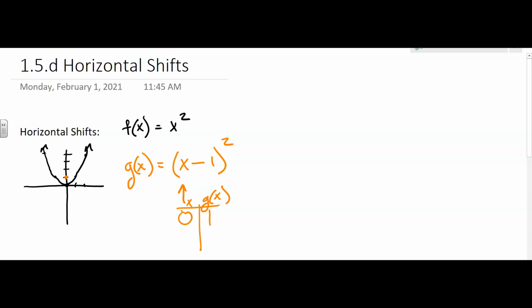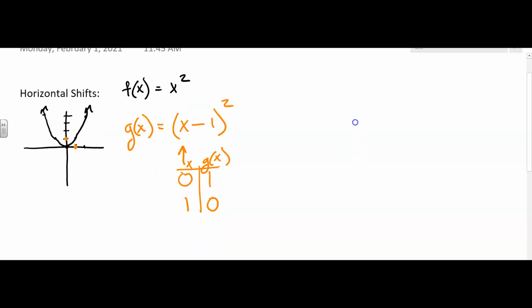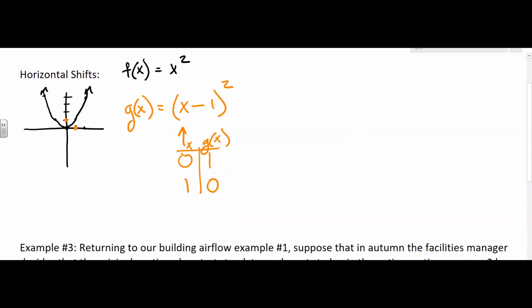What happens if I put in 1 for x? Well, 1 minus 1 is 0, 0 squared is 0. I get the point 1, 0. What do you think is going to happen if you put in 2? Then you'd have 2 minus 1, which is 1, and you square it, you get 1.